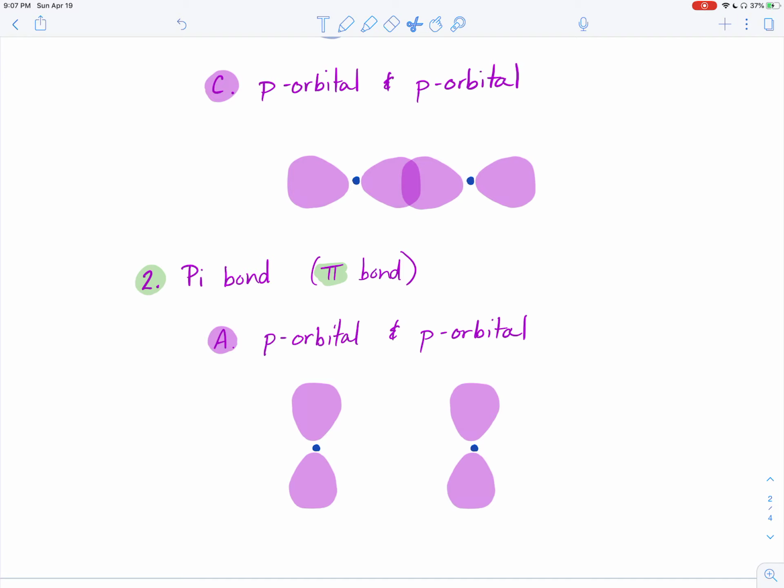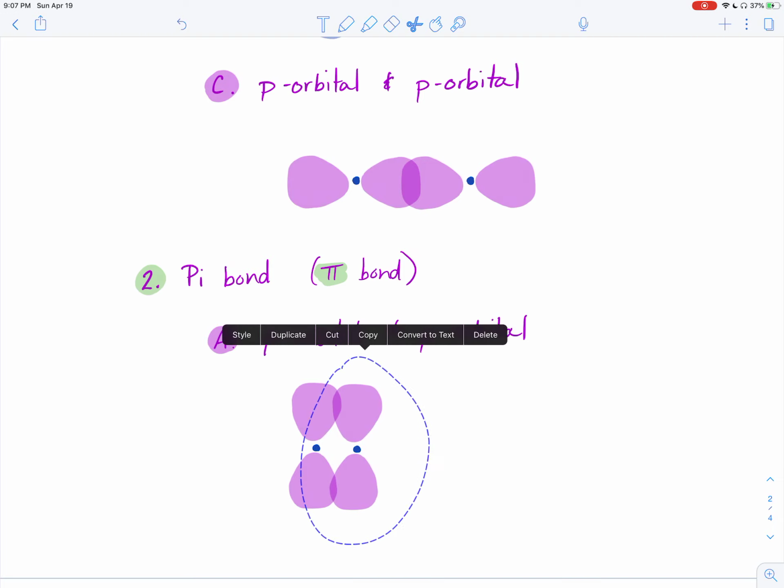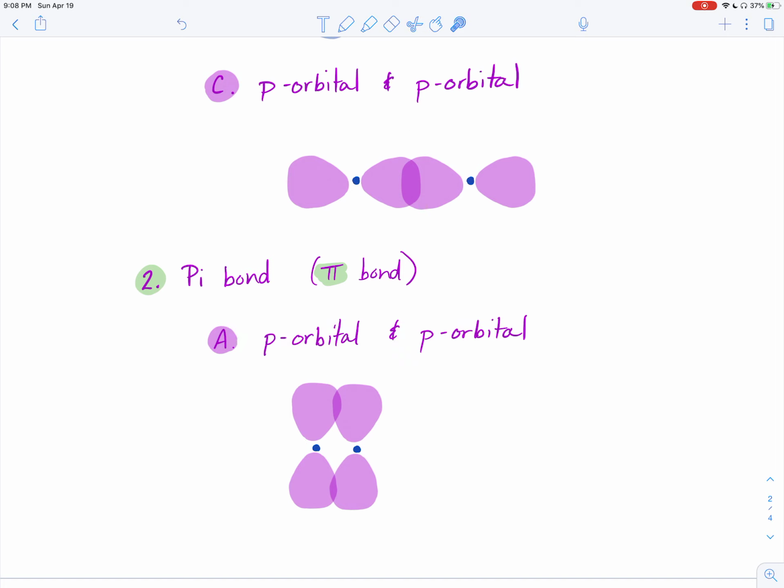Instead, you have two p orbitals that are parallel to one another, and they overlap each other on the side of the p orbitals, rather than end on end like you would see here. So this is what would be created as a pi bond, where you have p orbitals overlapping not end to end.